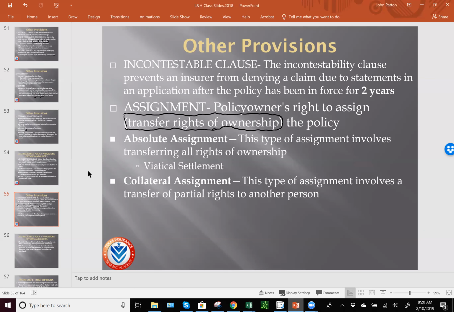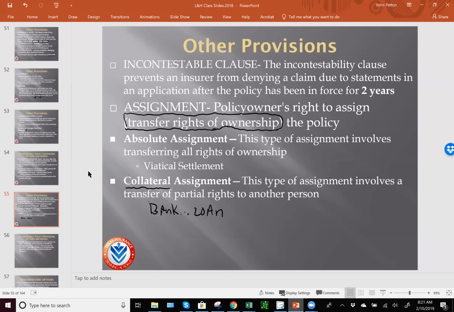The other way owner's rights could be transferred or assigned is a collateral assignment. This will be a partial transfer of rights for a period of time. So if, for instance, I go to the bank to get a loan, but the bank wants more in trade than I have, I could use my life insurance as collateral on that loan.